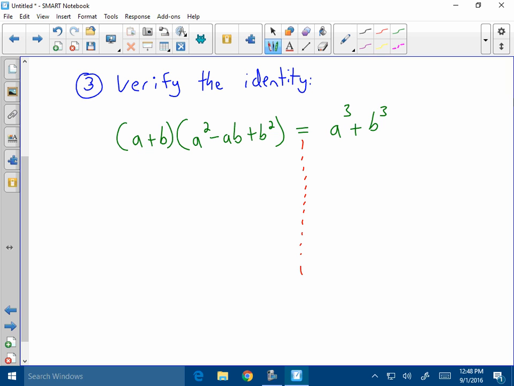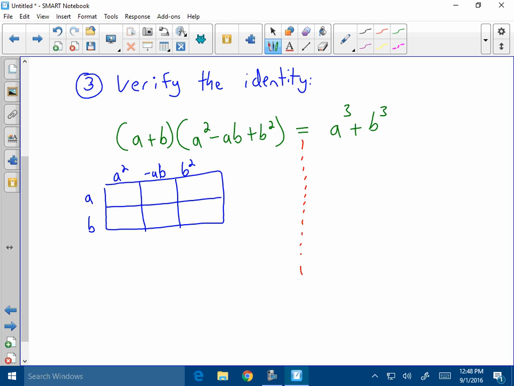So, 2 terms times 3 terms. I'm going to go to my box method here. Make a 2 by 3. So a and b, a squared, oopsies, minus ab, and b squared. Okay, I'm going to multiply. So a times a squared is a to the third.